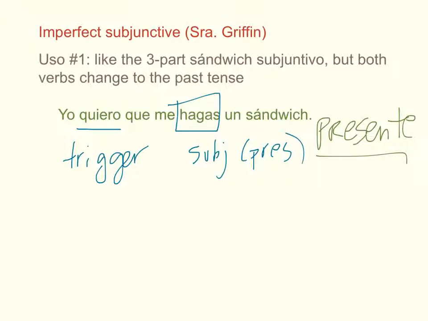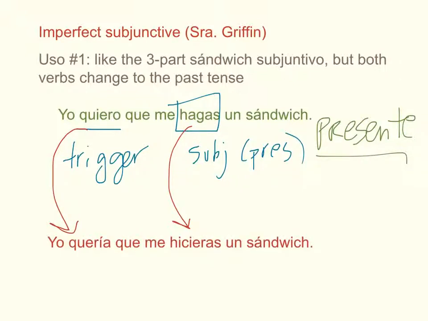So what happens when, instead of saying, I want you to make a sandwich for me, maybe you want to say, I wanted you to make a sandwich for me. Then you're going to take the yo quiero, the trigger, and make that into a past tense trigger, and you're going to take me hagas and make that into the subjunctive in the past tense.